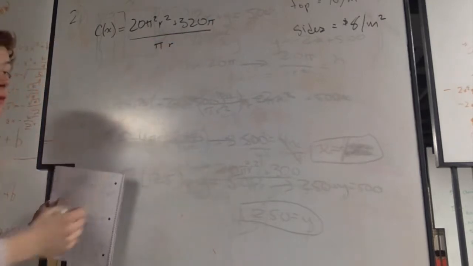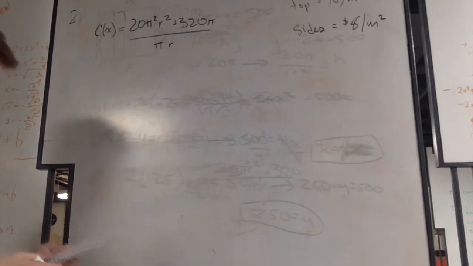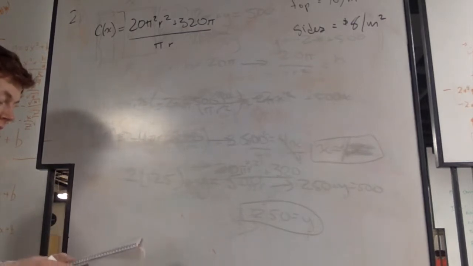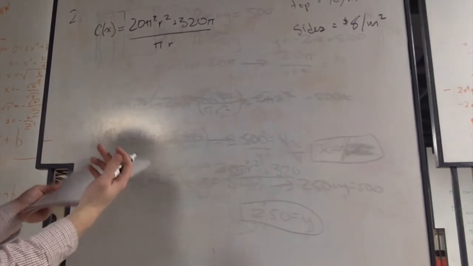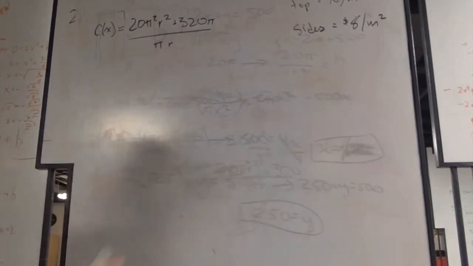Alright, so then from there you found the derivative, which will give you the value for r, and then you just put that back in to find the value of h, which will give you the answer.